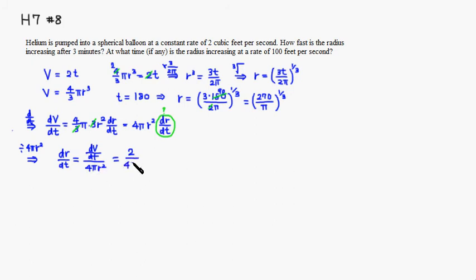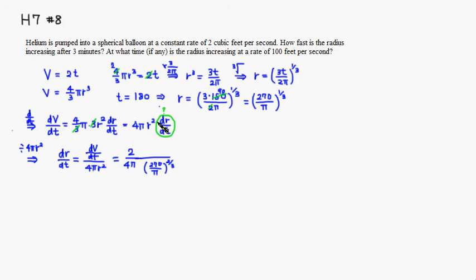Then r squared: we just found r, so I'm going to type it in. So r is the quantity 270 over pi to the 1/3 power, but we have to square that, so it's going to be the 2/3 power.